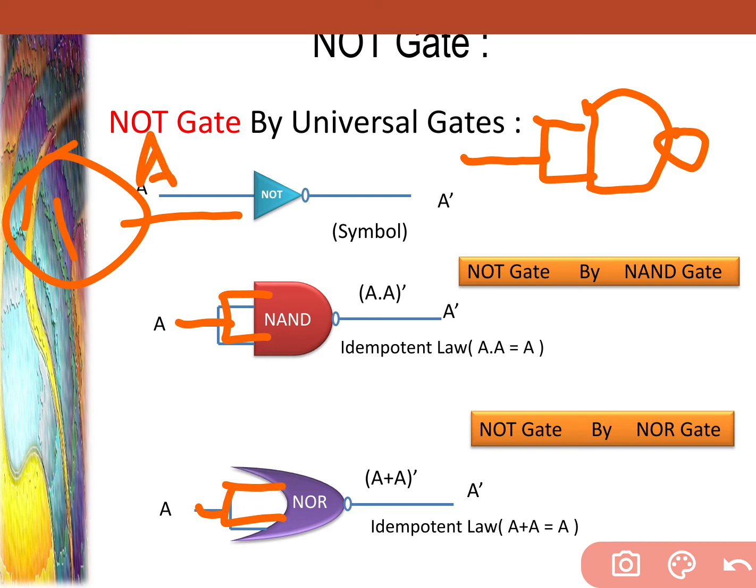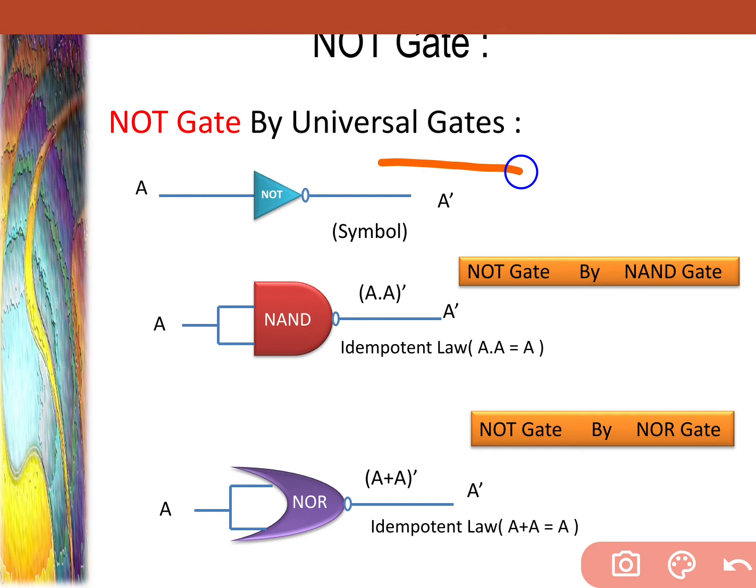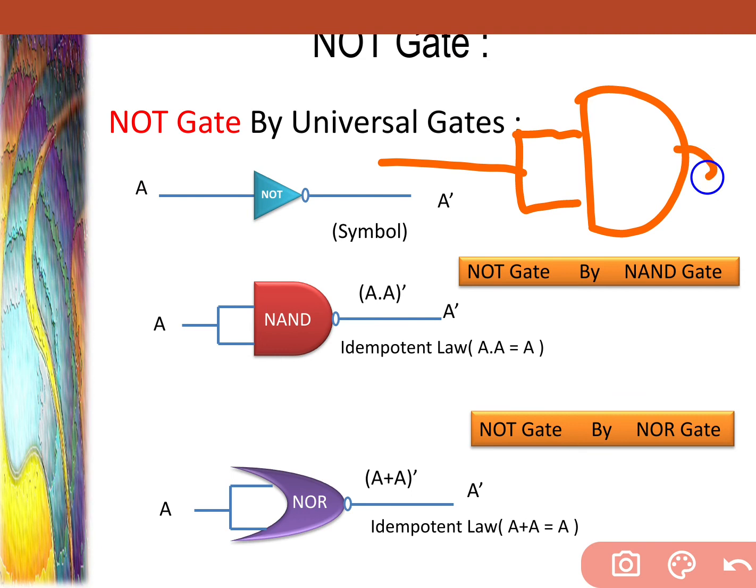We have to send A two times, so that the NAND gate's requirement of accepting two or more signals is met. We apply it with this formation: we are sending a single input, but NAND requires two or more, that's why we spread that single input into two parts and then send it through the NAND gate.